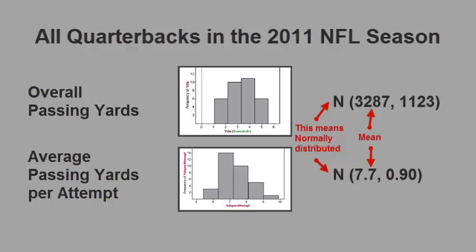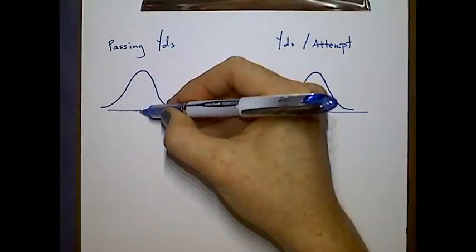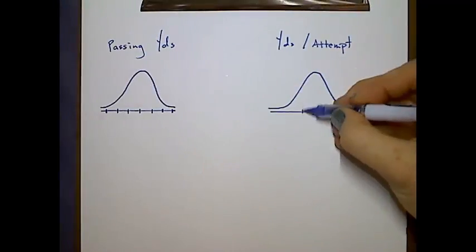This means that we can use the standard normal distribution tables that are usually found in the back of the book to calculate Palmer's z-score and eventually his percentile, and determine where he ranked amongst all of the different quarterbacks. So to assess Palmer's rank amongst his peers, we are going to find the percentile.